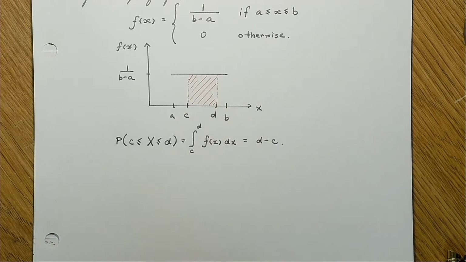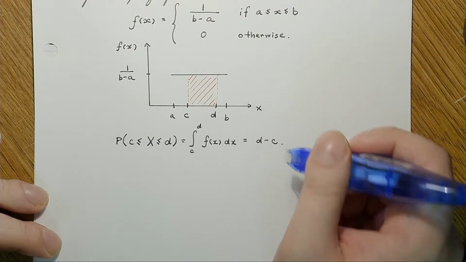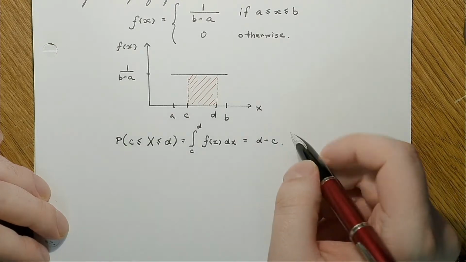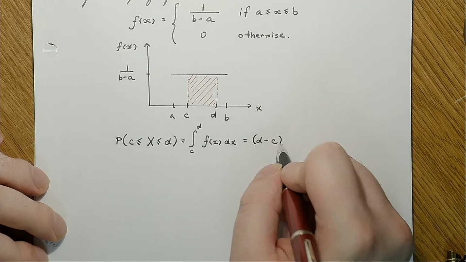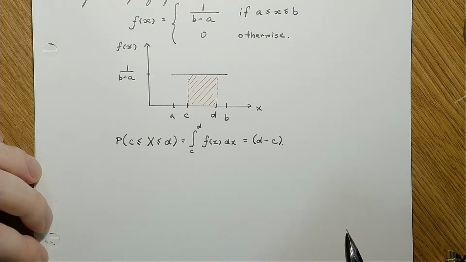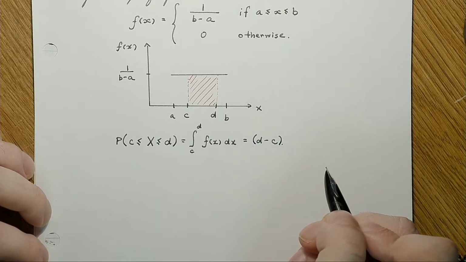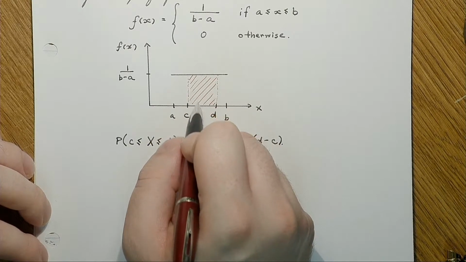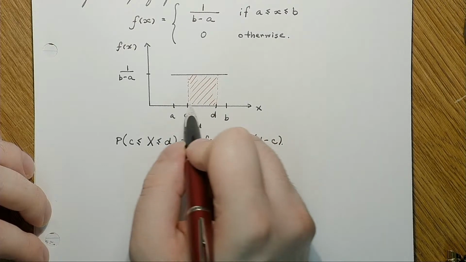Oh, did I make a mistake? I might have. D minus C, and what else do I need to include on this as well? Remember, we're calculating the area under the curve. So essentially, I've done a box. There we are. Yes, exactly.